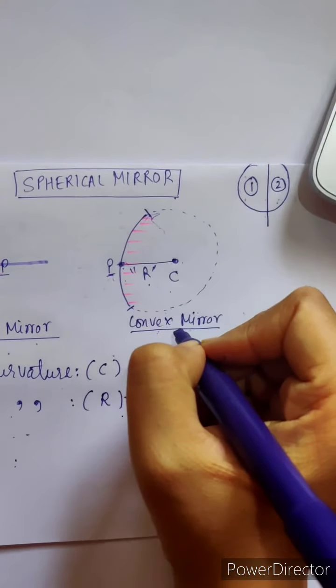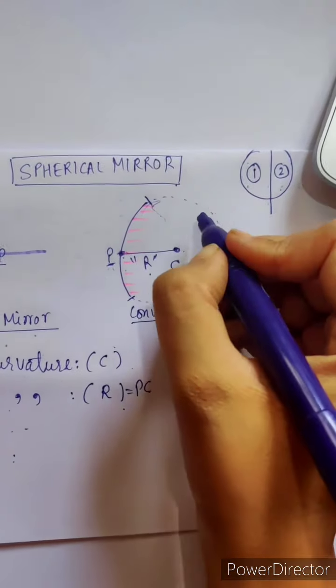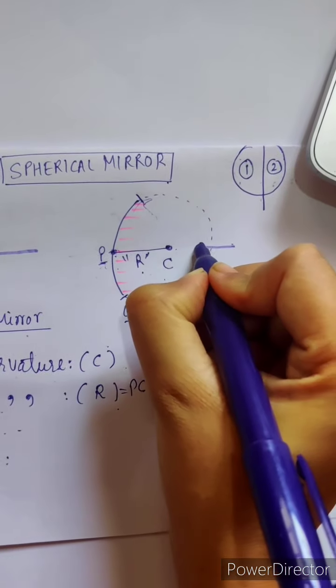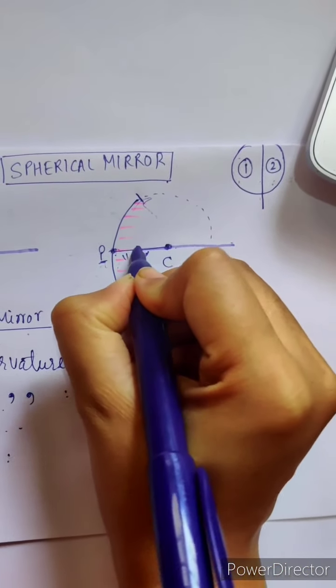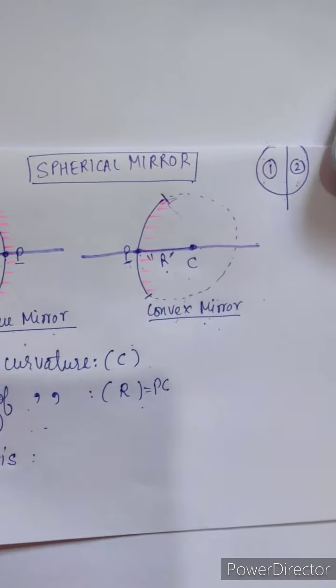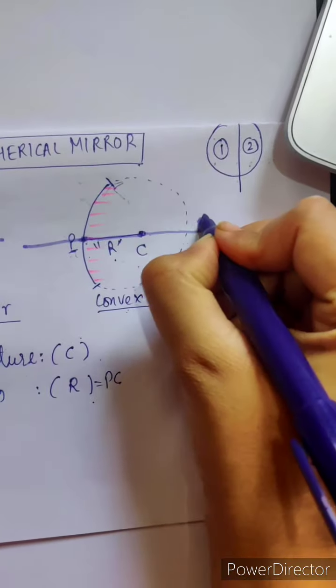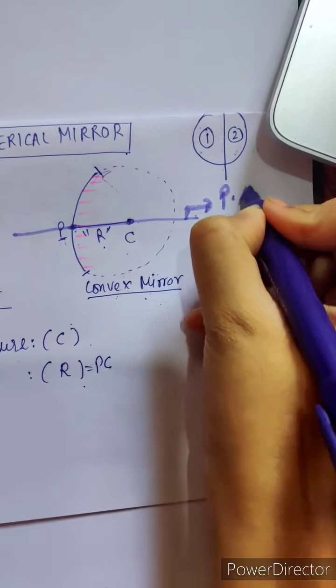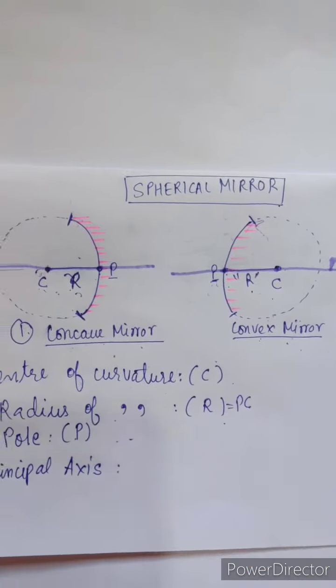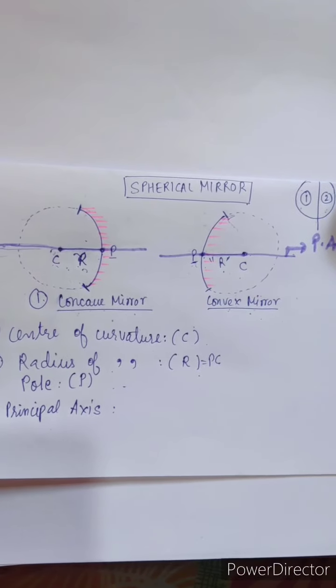In a similar way, in the case of a convex mirror also, the straight line which passes through the center, then through the pole, and is produced on both sides, acts as the principal axis. So this straight line is known as the principal axis.